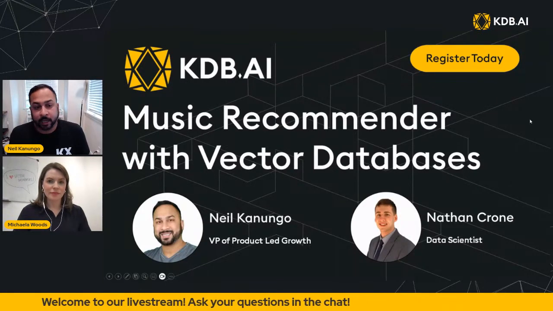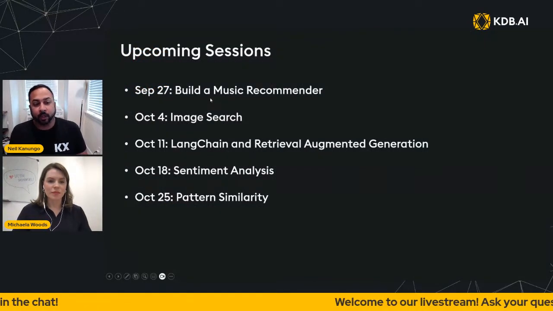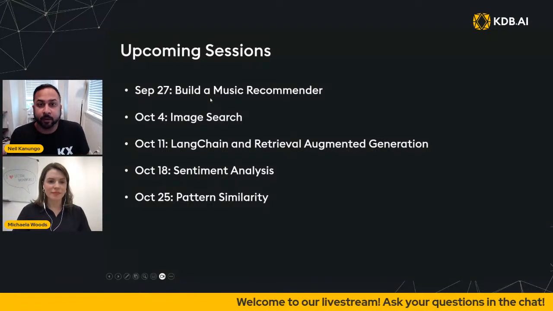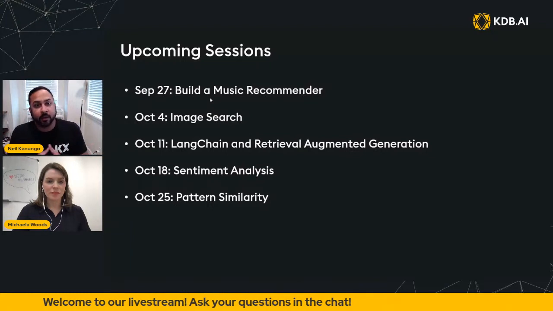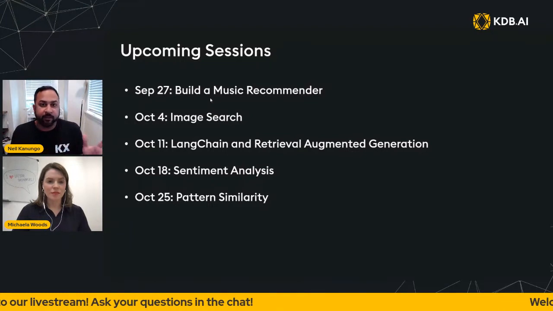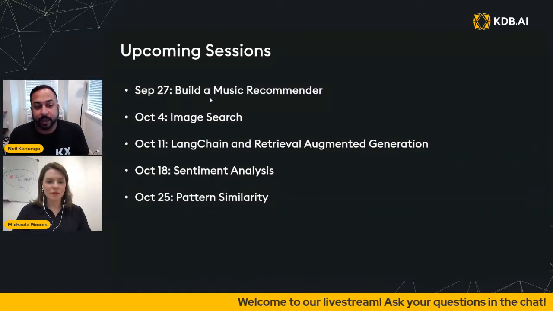September 27th is the music recommender. We're also going to do image search. That MRI example will show you how to assist in healthcare practices, but you can use this for any type of image search to find similar or dissimilar images. We'll do our LangChain one in mid-October, a sentiment analysis one, and pattern similarity.